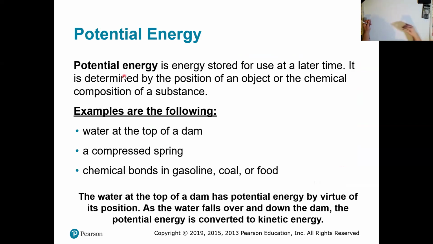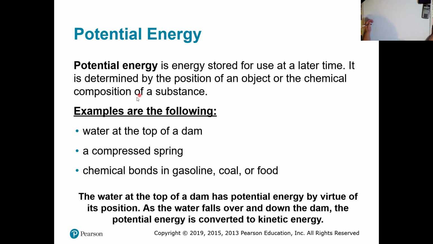Potential energy is energy that's stationary. So think about it like energy that's being stored up to be used later. Things that have potential energy are things that seem to be still because they're saving all of their energy to be used at a later time.